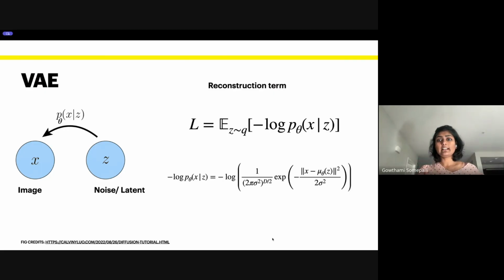This is a design choice. You might be wondering how I know what this should be. You don't, we are just modeling it. We understand Gaussians well, which is why people model this as another Gaussian. Don't worry about all of this. It's just the log likelihood formula for a Gaussian distribution with the mean predicted by mu theta, a neural network, and sigma being the variance of the distribution we are trying to model.